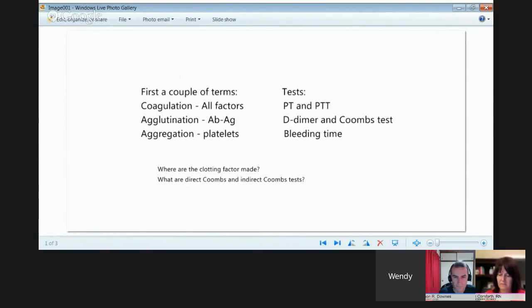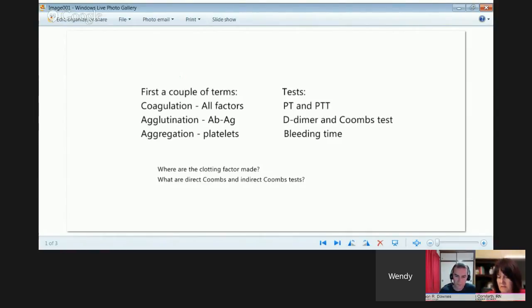Where are our clotting factors made? The liver makes everything except factor 8 and von Willebrand factor. Perfect answer. Where are von Willebrand and 8 made? At the platelets and the endothelial cells. Okay, thank you.